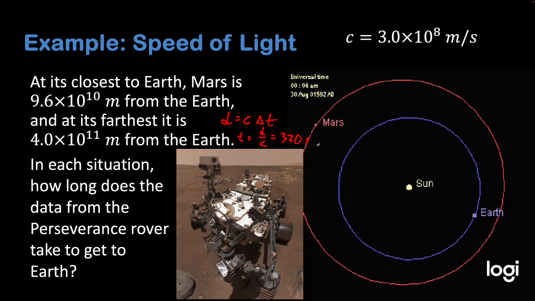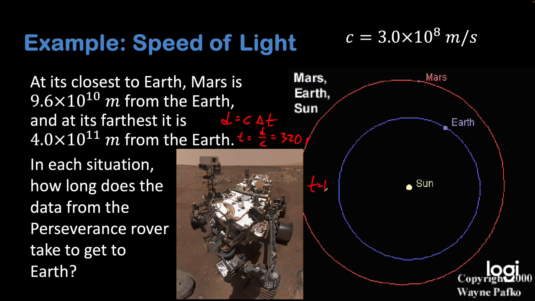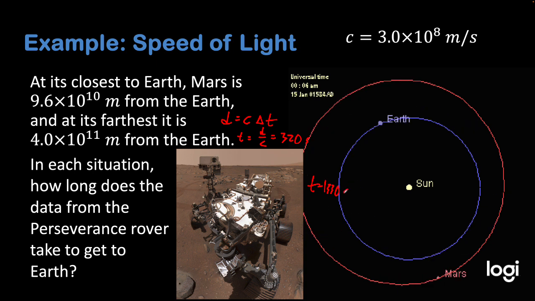When they're at their farthest, we would get 4 times 10 to the 11 divided by 3 times 10 to the 8 meters per second. Then t, when they're at their farthest, is 1330 seconds. And that is about 22 minutes or so to travel.